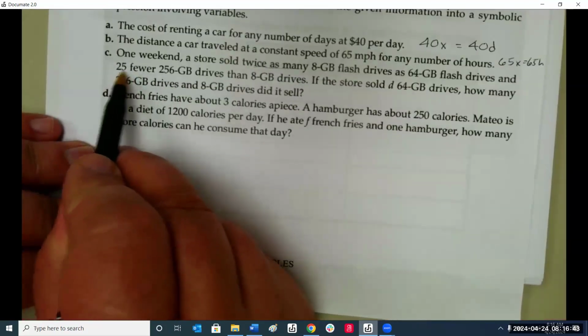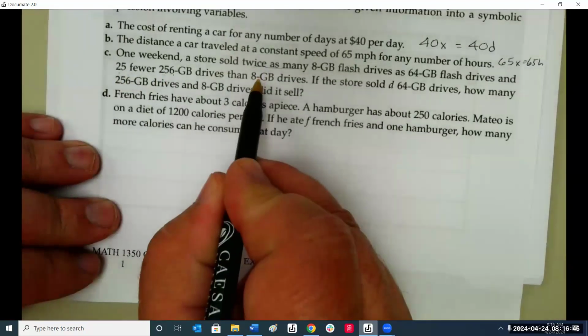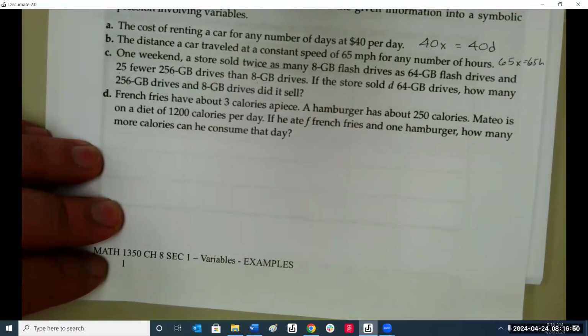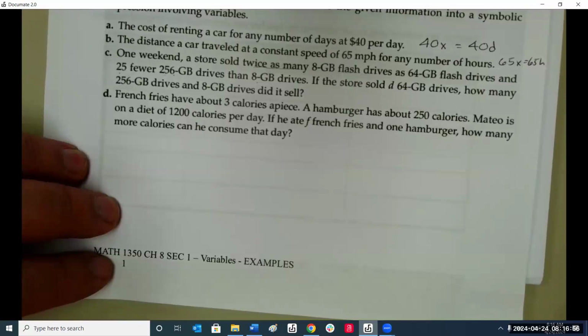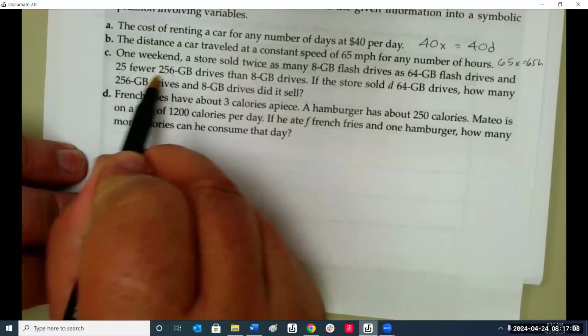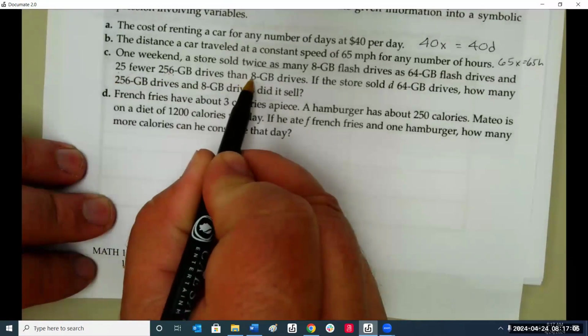And 25 fewer 256 drives than 8 gig drives. Equals what? You can't just say that's something. You have to have it equal something. What does it equal? Yeah, because the 8 gigs are X and there's 25 fewer of these than these.